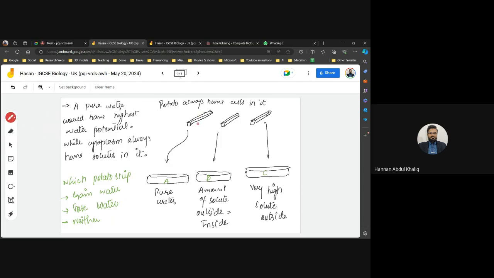So this potato strip would gain water, because the water would move in. Is that clear?